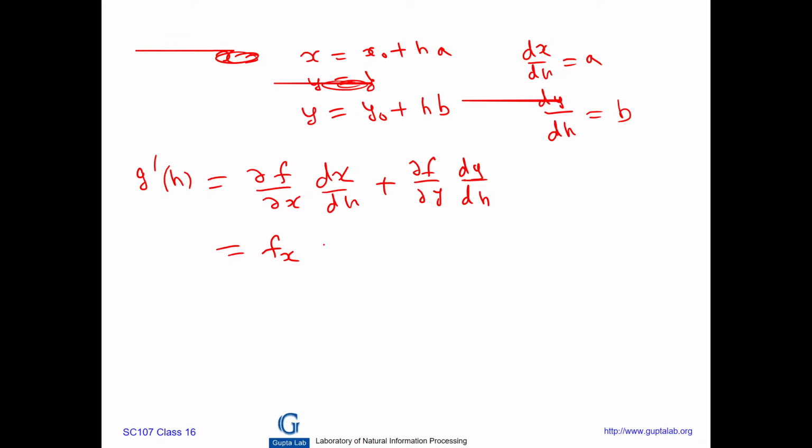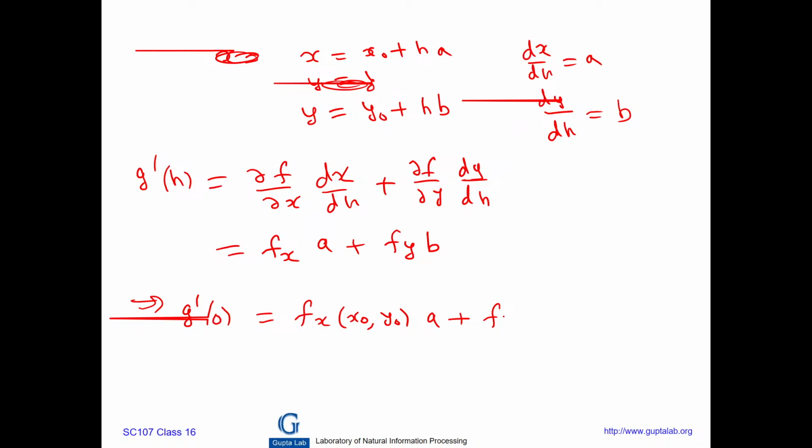So actually we wanted to find g dash of 0, which is nothing but f_x evaluated at x naught, y naught times a plus f_y at x naught, y naught times b. As you know, for h equal to 0, x is equal to x naught and y is equal to y naught.